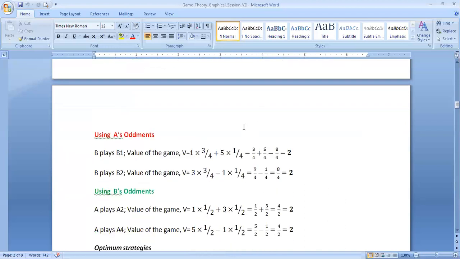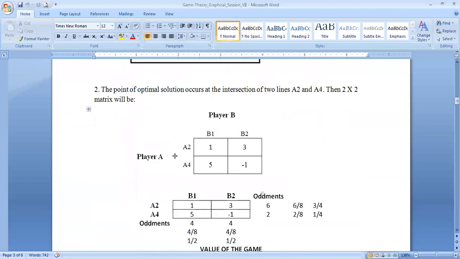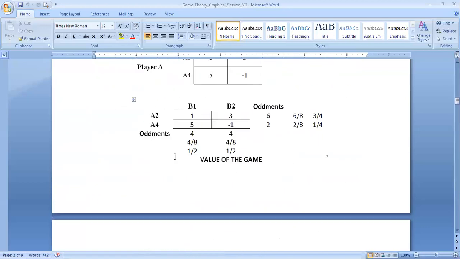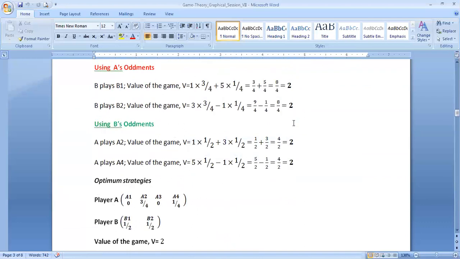Okay, next. So here I have written the optimum strategies A1, A2, A3, A4, out of which A1 plays with 0, meaning there is no A1 and no A3; only A2 and A4 are selected as the optimum strategies from the graphical method, and the value of the game should come the same for all the oddments. Using A's or B's oddments, the value of the game should be the same. Okay.